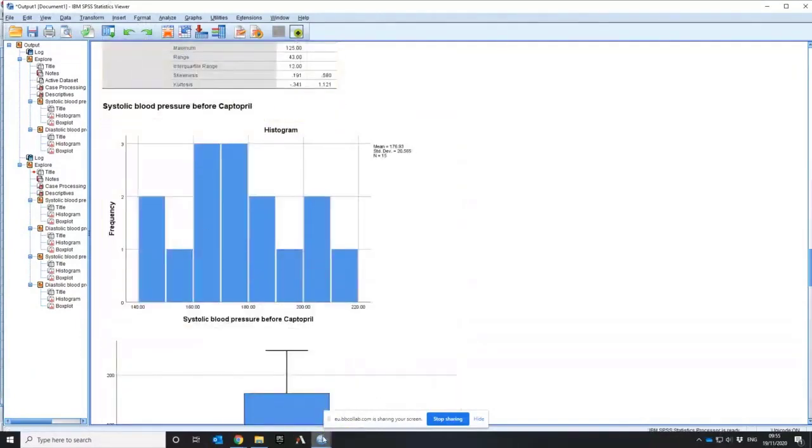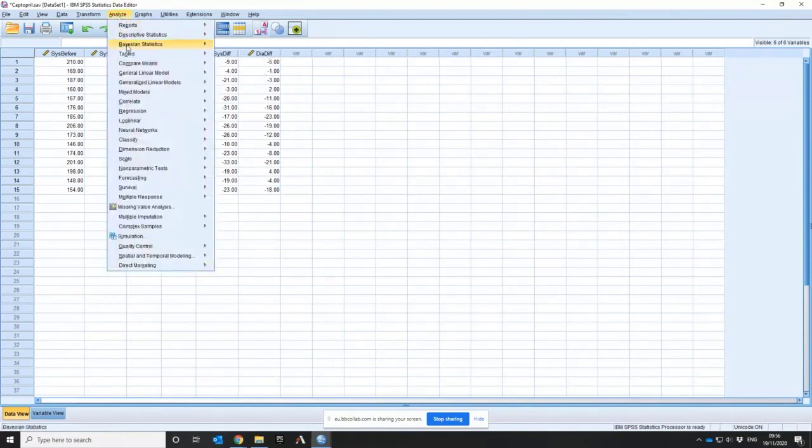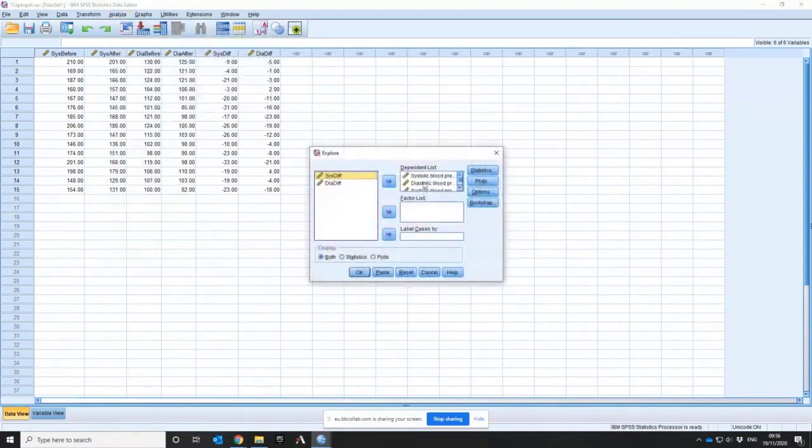However, if I go back to my data, what I've done extra is calculated differences, for systolic and diastolic. Now what I can do is calculate the confidence intervals for the differences.